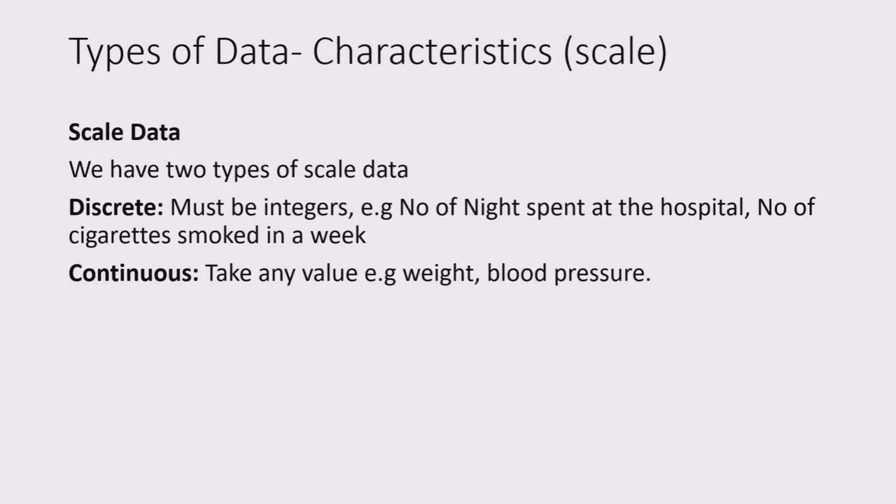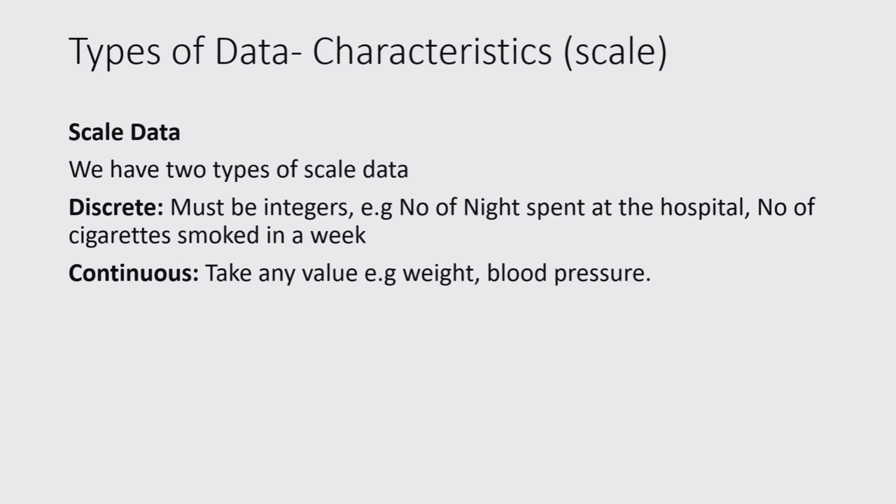Then we have our scale data. Scale data are just number data, direct number data. Scale data can be of two types: either discrete scale data or continuous scale data. What do we mean by discrete scale data? These are data that must be whole numbers. For instance, number of nights spent at the hospital or number of cigarettes smoked in a week.